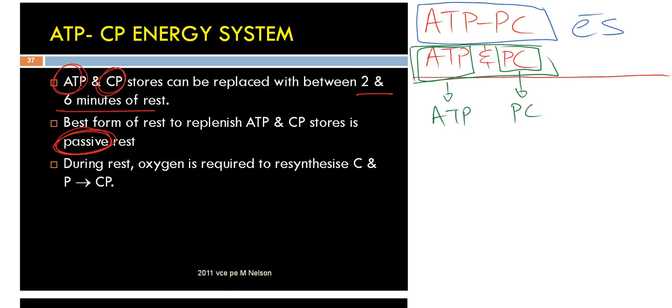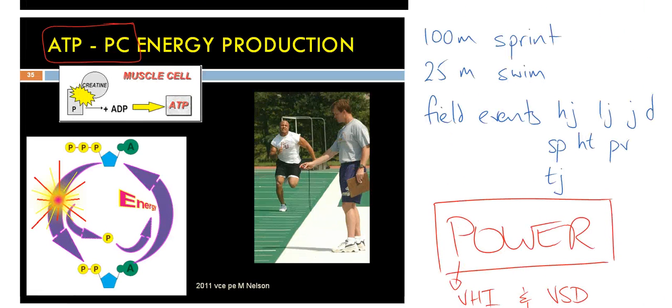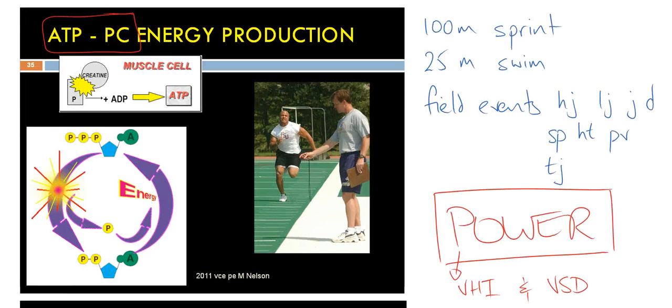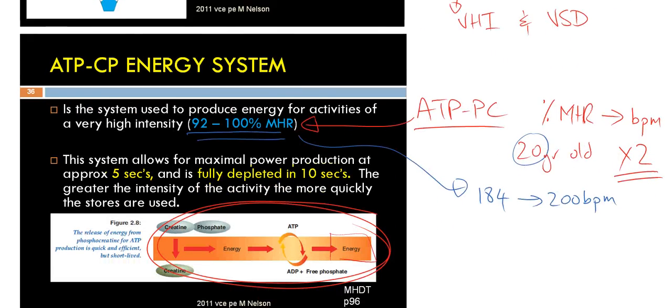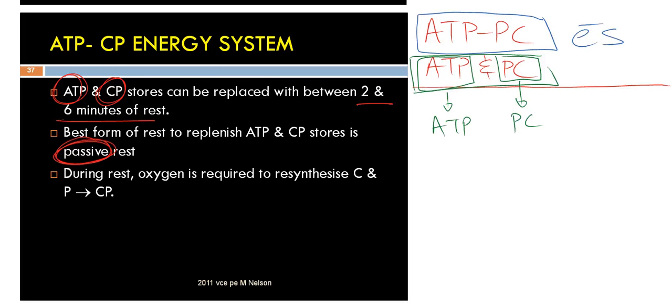If we go back to the type of activities that would be predominantly fueled by the ATP PC system, we're going to look at the field events: high jump, long jump, javelin, discus, shot put, hammer throw, pole vault, triple jump. After they've had one jump or one throw, they go and sit down, maybe put a tracksuit on. They do a passive recovery in an attempt to fully replenish their ATP and PC stores before their next jump or throw.